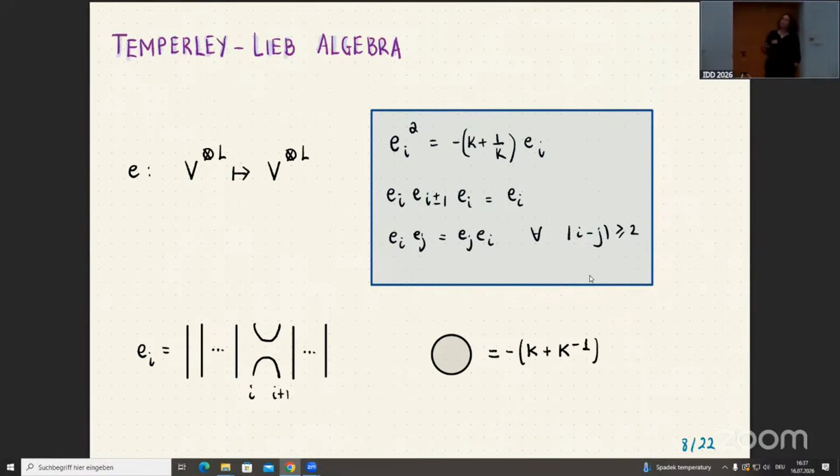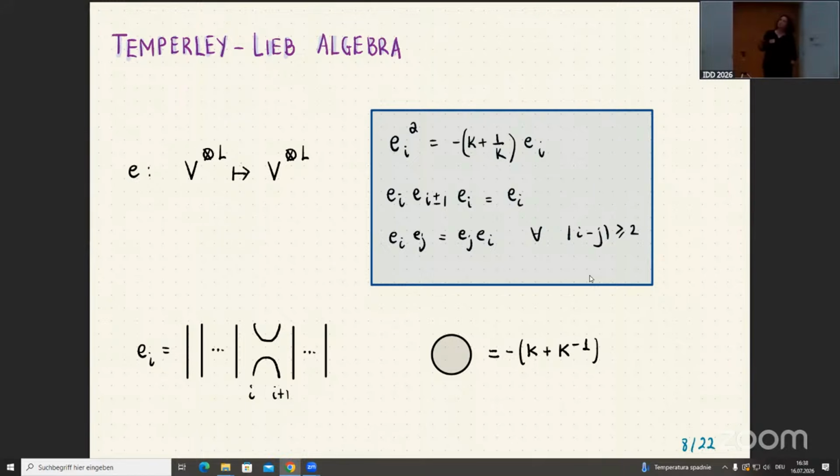A Temperley-Lieb algebra is defined by these commutation relations. Usually each E acts non-trivially on two sites, and we have a relation where these E_i are mapping L Hilbert spaces to L Hilbert spaces.